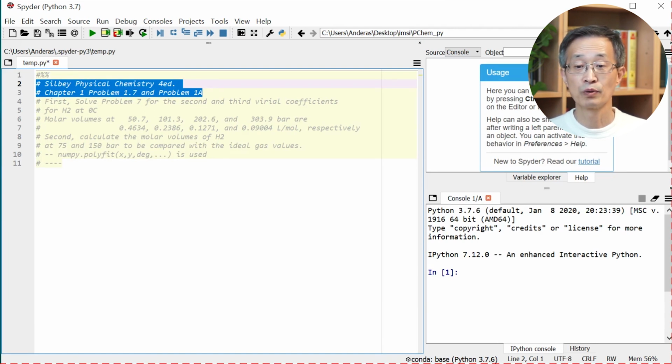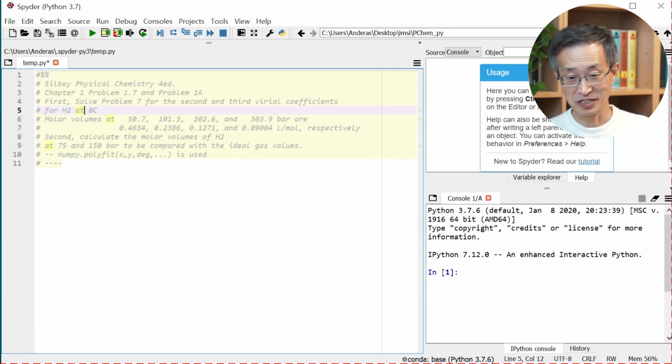Secondly, we calculate the molar volume of H2 at 75 and 150 bar, and then compare with the ideal gas value. So we need to calculate the ideal gas value too. It says that numpy polyfit and also numpy roots will be used. This is a brief comment, but it will be enough.